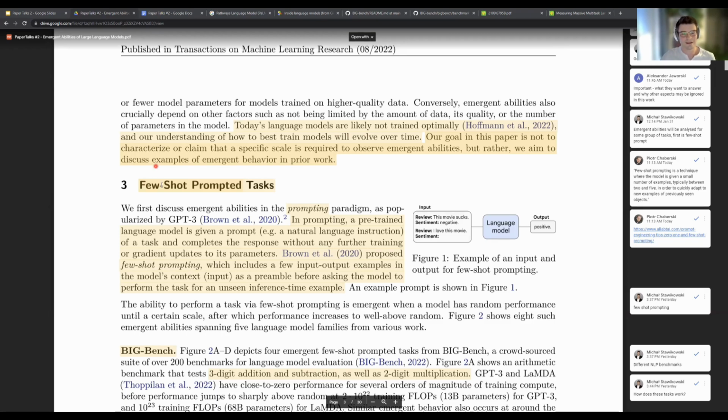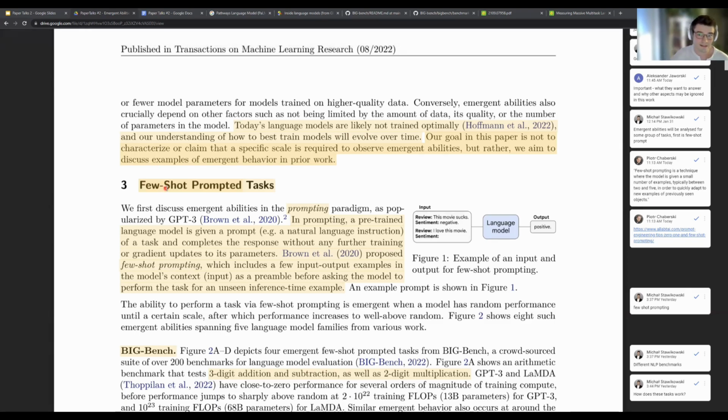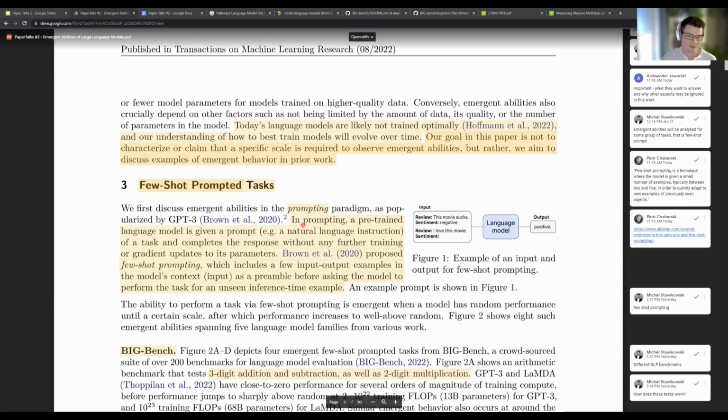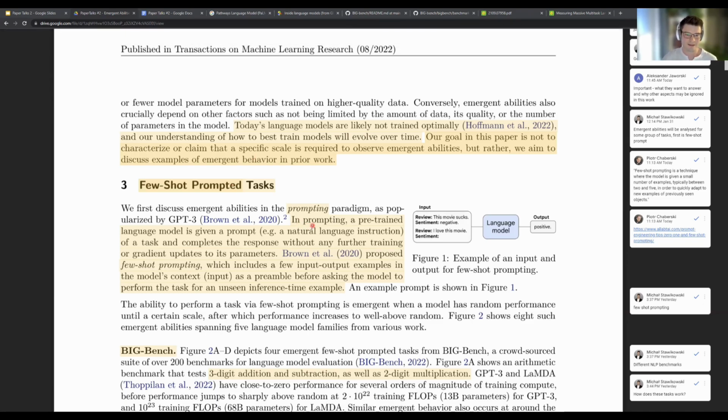And here they are testing it on the few-shot prompted task. It is a little bit different than in the case of ChatGPT, because not only a question is stated, but also some examples. So maybe I will read it, because it is pretty nicely explained here.